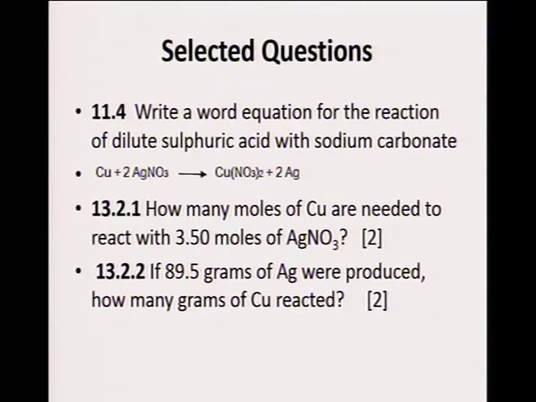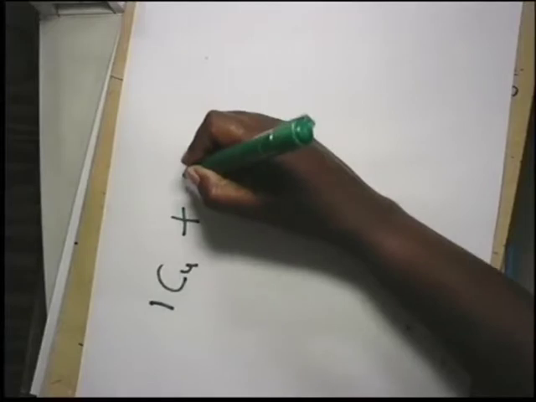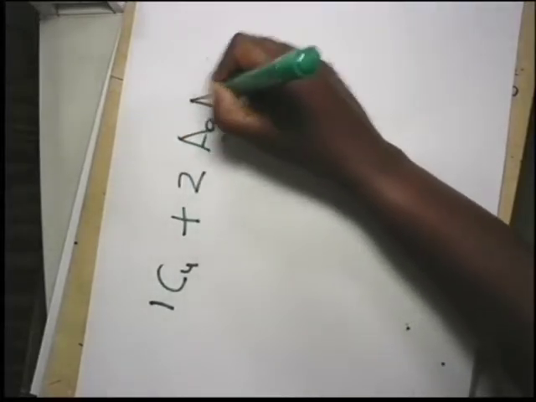Now, let's rewrite this one. We have 1 mole of copper reacting with 2 moles of silver nitrate.